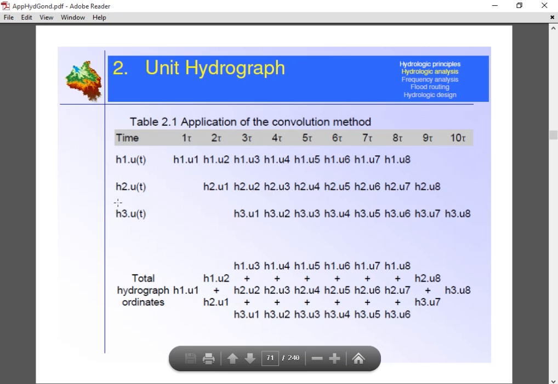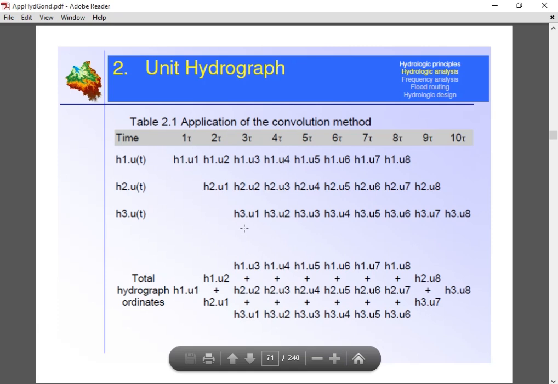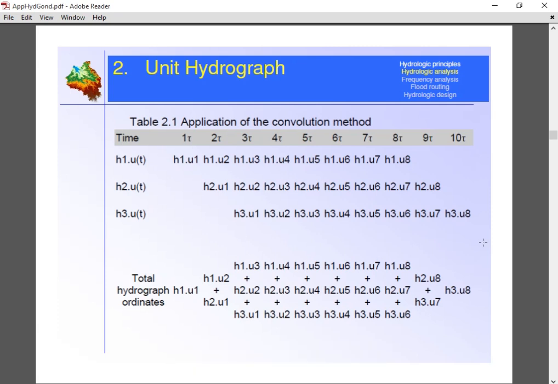Thirdly, if you have a third precipitation data h3, you lag the first and second times, and start on the third time with h3 times u1, h3 times u2, and so on. Finally, you sum those values and obtain the total hydrograph ordinates. This is the application of the convolution method.